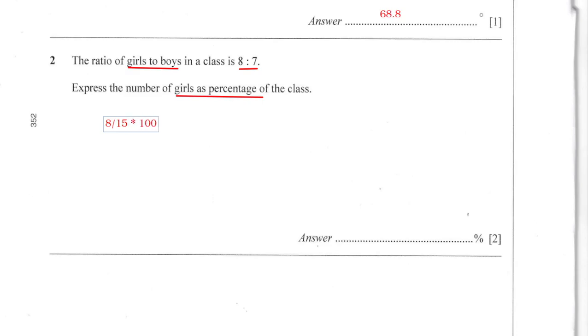Then multiply this by 100. 8/15 times 100, the answer is 53.3 recurring, which is approximately 53.3%. That is the correct answer for this question.